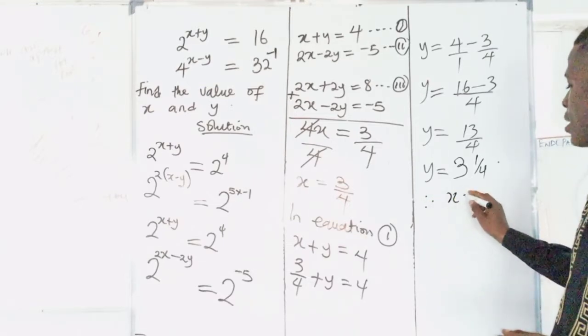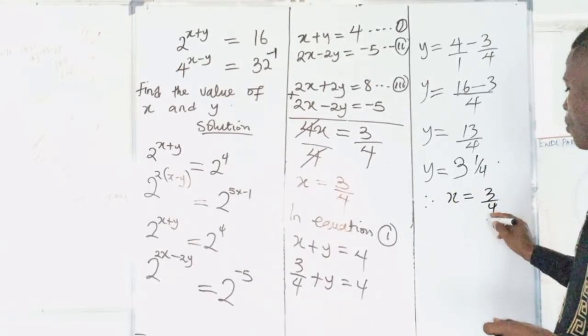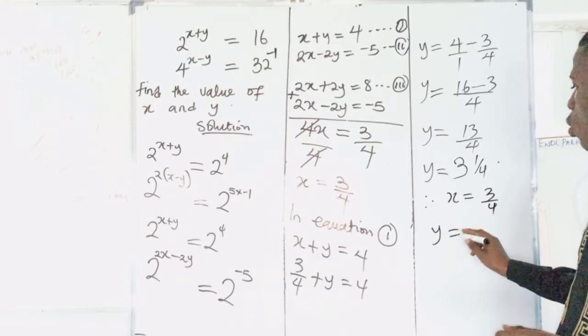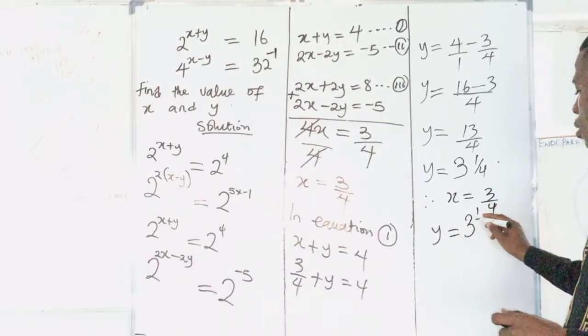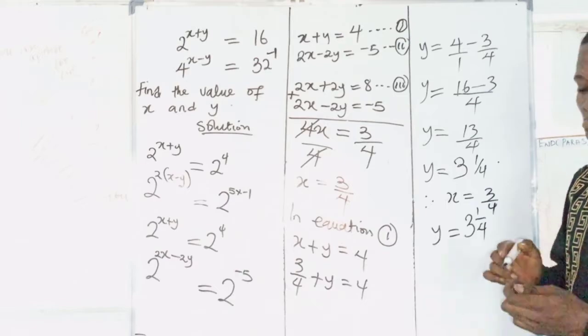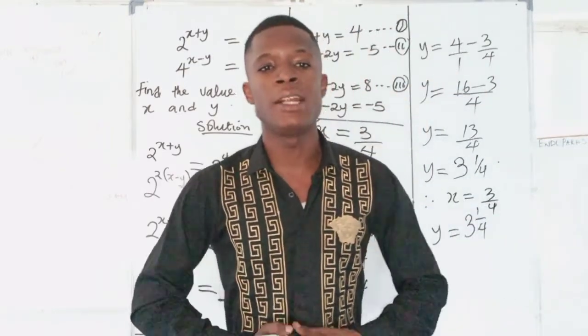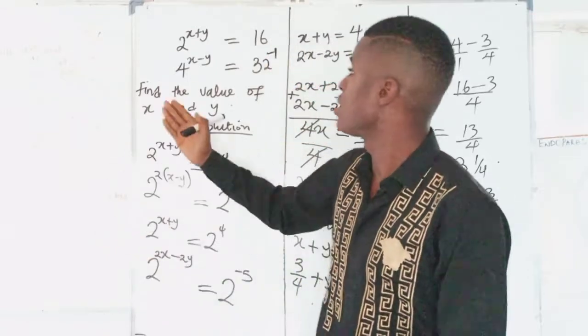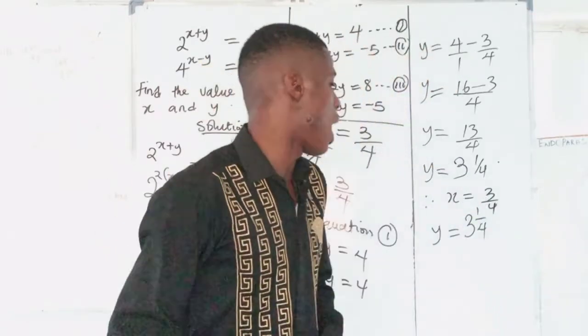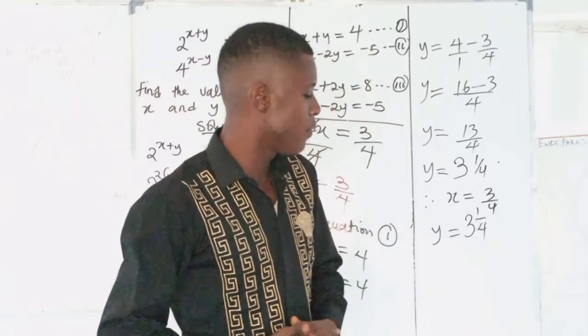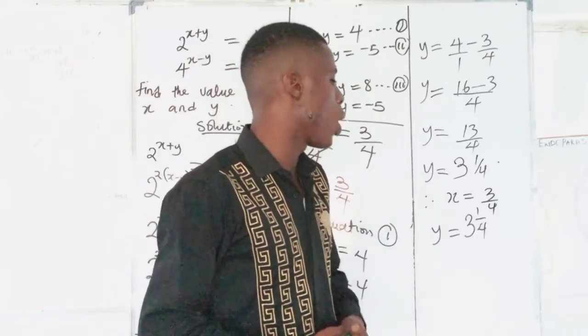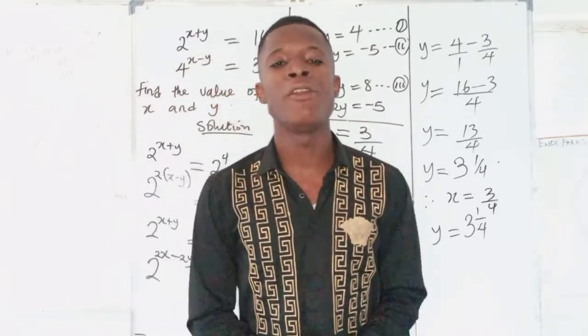Therefore, my x is equal to 3 over 4 and my y is equal to 3 whole number 1 over 4. So you can see that the values of x and y that satisfy these equations are x equal to 3 over 4 and y equal to 3 whole number 1 over 4.